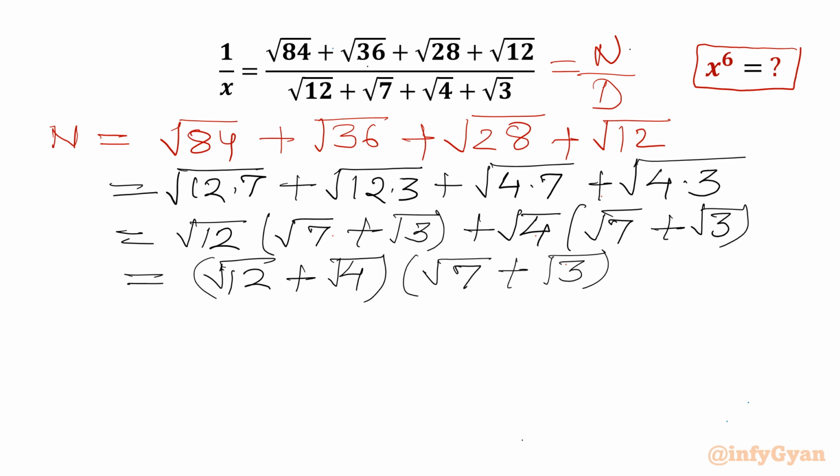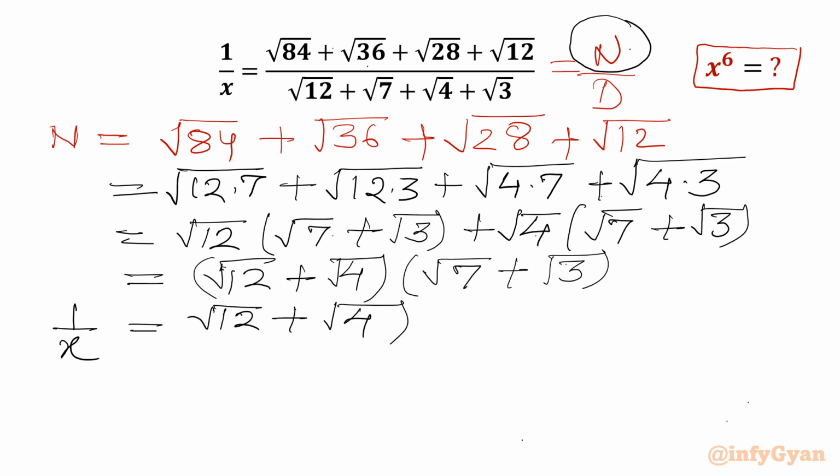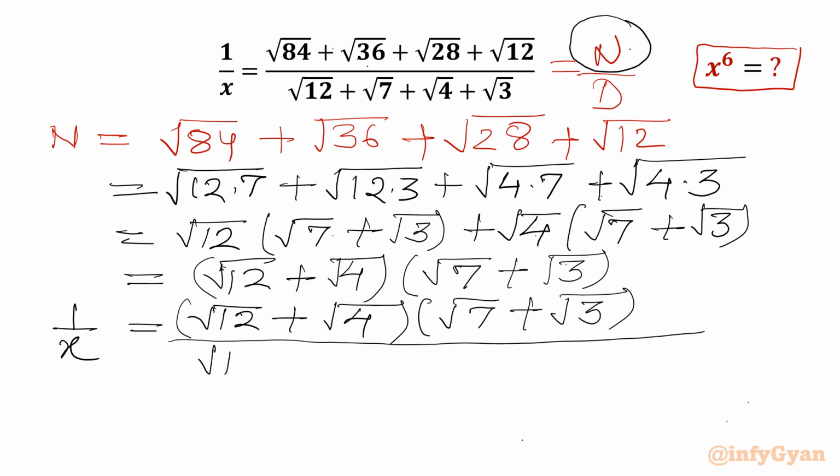This is numerator. Let us write 1 over x equal to root 12 plus root 4 times root 7 plus root 3 over root 12 plus root 4 plus root 7 plus root 3.